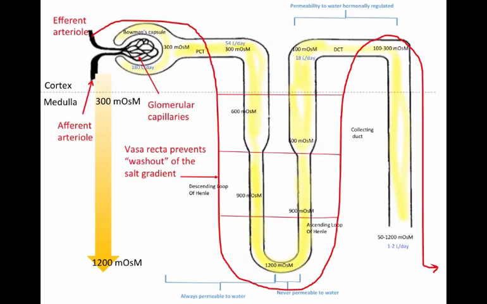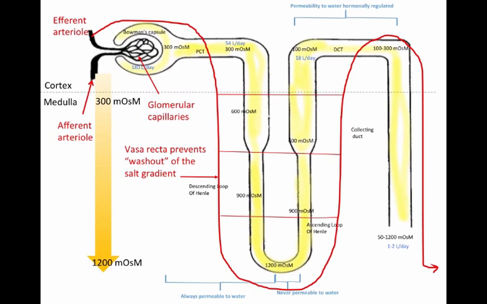The next little bit of anatomy we have to add to this is, of course, the blood supply. So we have blood entering the glomerular capillaries at the afferent arteriole, filtration occurring through the glomerular capillaries. So remember, we said about 20% of the blood moves into this Bowman's capsule and becomes filtrate. The other 80% moves into the efferent arteriole and then into these peritubular capillaries.